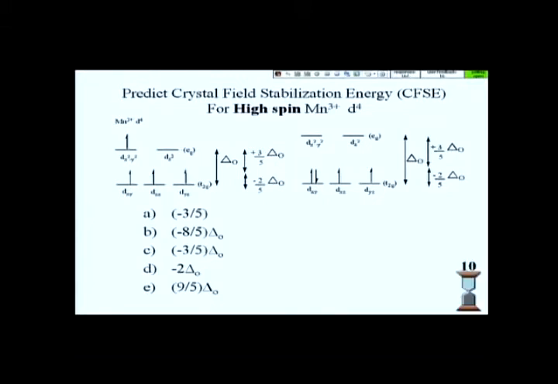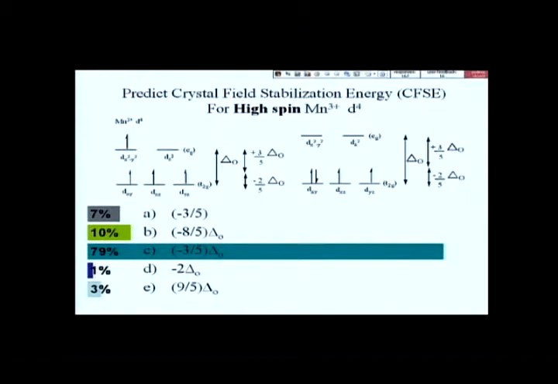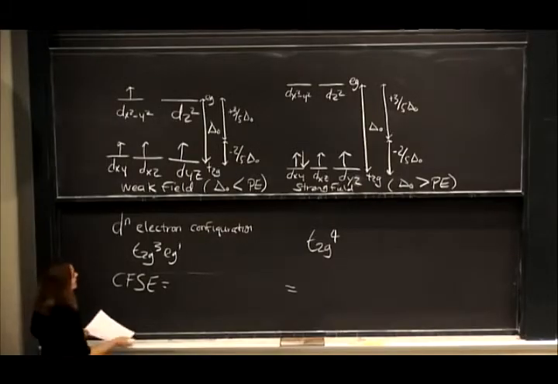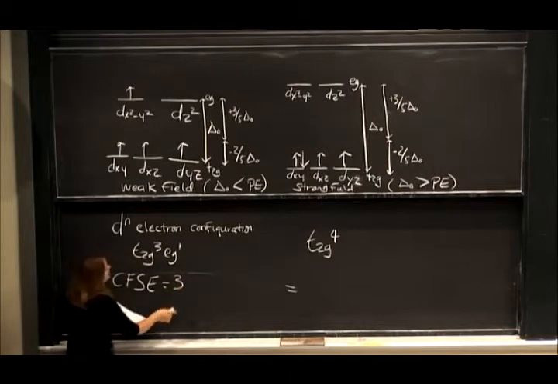Okay, let's just take 10 more seconds. Okay, pretty good. So let's work this out. So first we consider how many electrons we have in the lower set of orbitals.